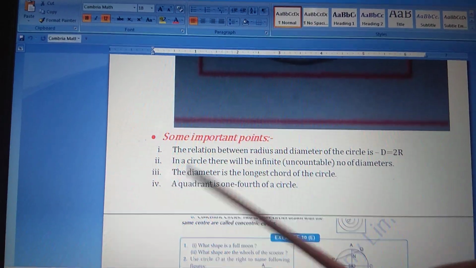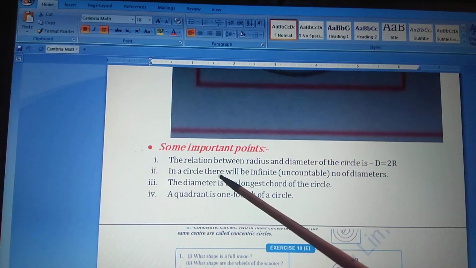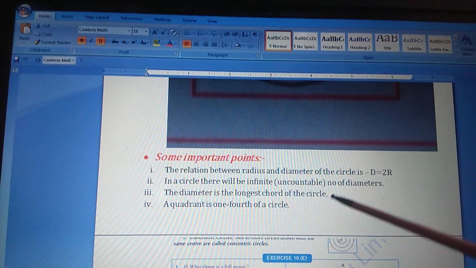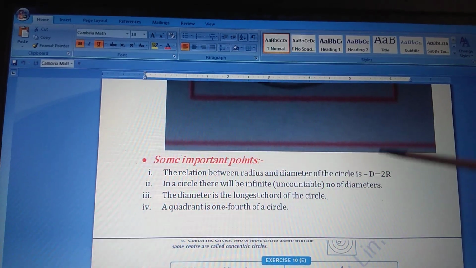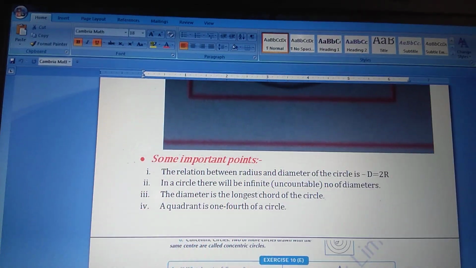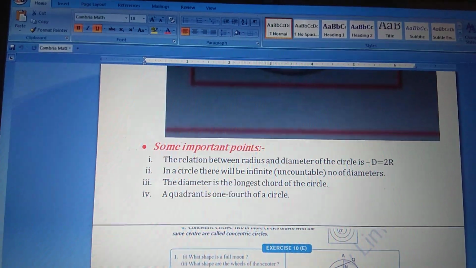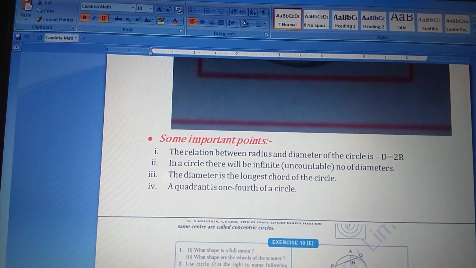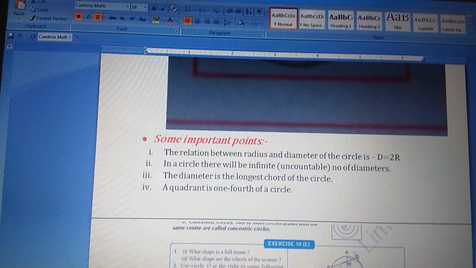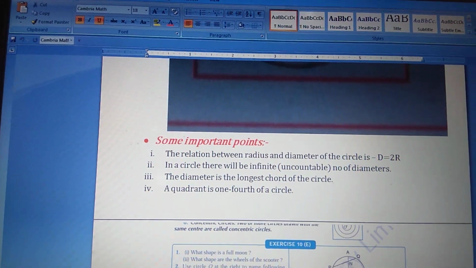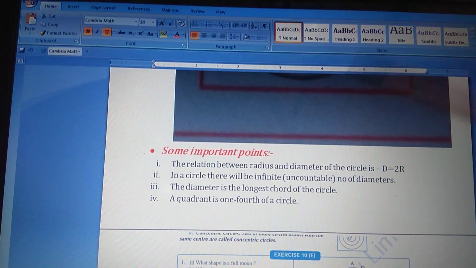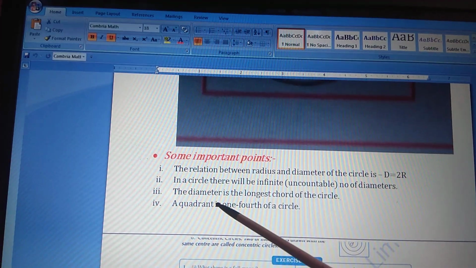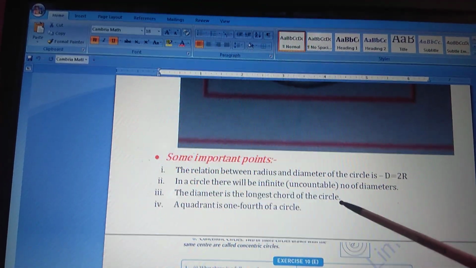Clear? Number 2, in a circle there will be an infinite number of diameters. That means in a circle there are unlimited diameters. We can have many diameters in a circle, not just 1 or 2. Now number 3, the diameter is the longest chord of the circle.